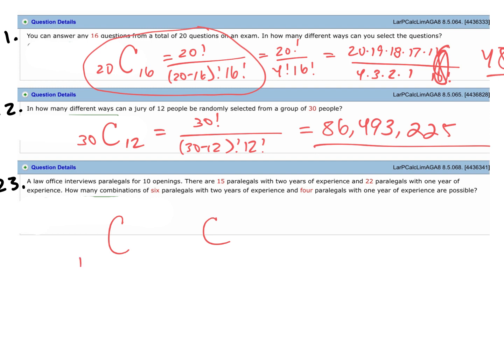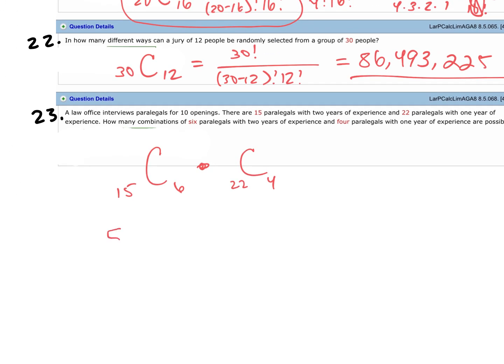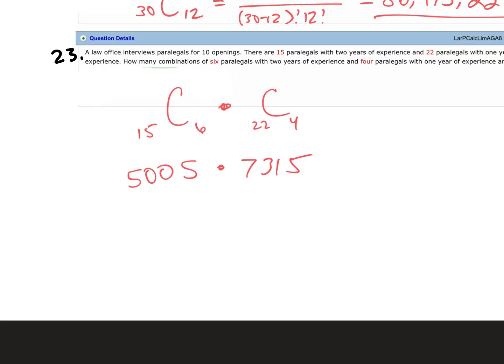So you have 15 paralegals that have 2 years experience, and you want to choose 6 of them, correct? Then there's 22 paralegals, and you want to choose 4 of them. It's just 2 combination problems. When you work this out, this one here is 5,005 times this one here is 7,315. You're going to get a big number, and that's okay.